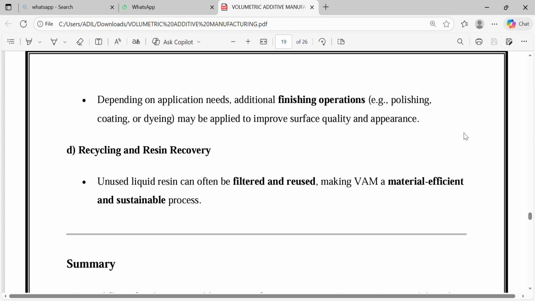Finishing operations, like the post-processing step in VAM, involve cleaning, curing, and surface treatment. It enhances the surface finish, mechanical properties and aesthetics. Recycling and resin recovery: unused resin can often be filtered and reused, making VAM a material efficient and sustainable process.